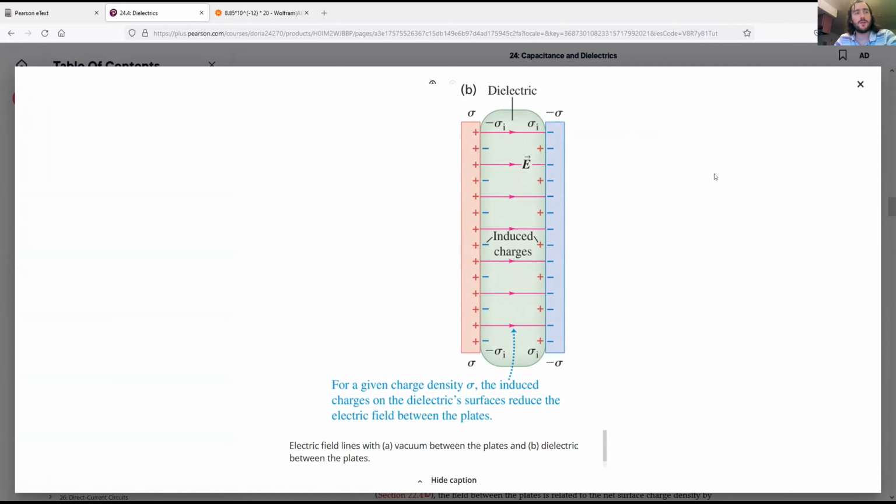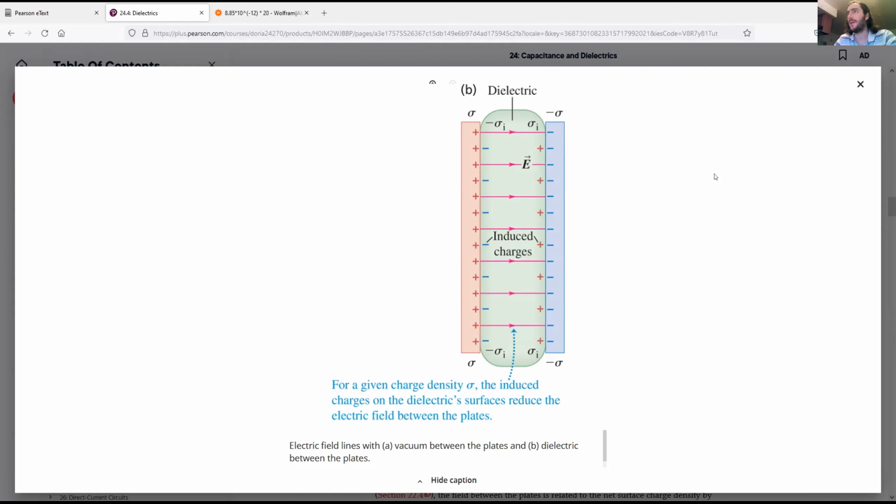And so the charge density on the surface of the dielectric is going to change. It's not going to be zero, which is what it might have been before it was inserted. Now they're going to have a little bit of a buildup of positive charge close to the negative plate of the capacitor, and a little bit of negative charge built up close to the positive plate of the capacitor.